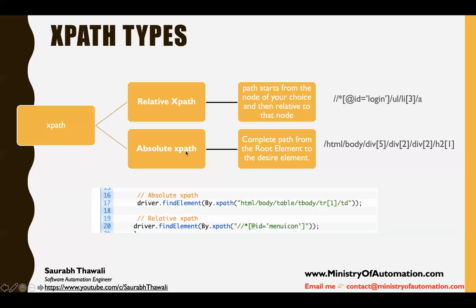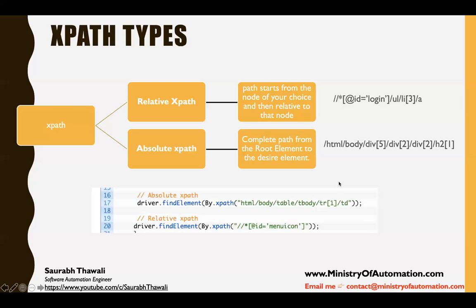So the absolute XPath is something which starts from the root element, which means the first element on the HTML document, which will always be an HTML, right? So it starts with HTML, then body, then div 5, div 2. What is this div 5, div 2? We're going to learn today, don't worry. And then it traverses and goes till the desired element.